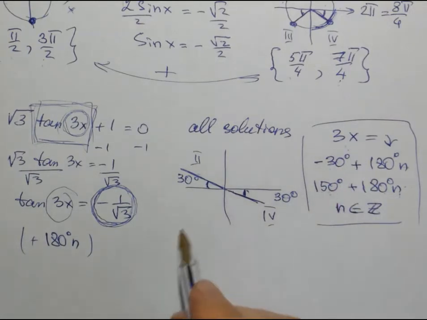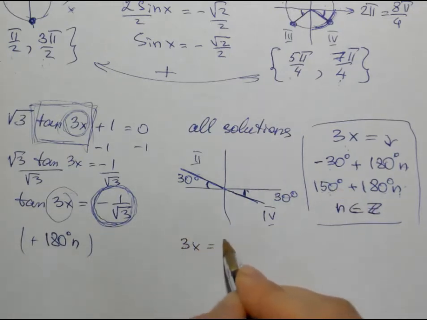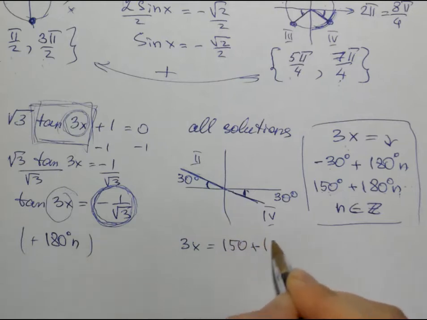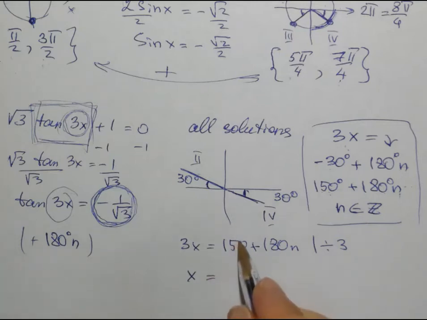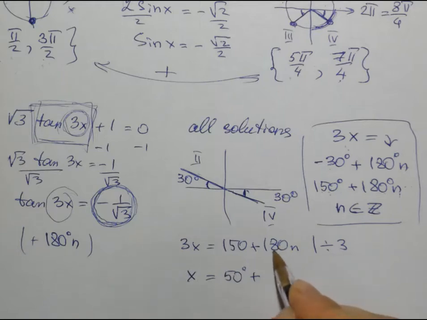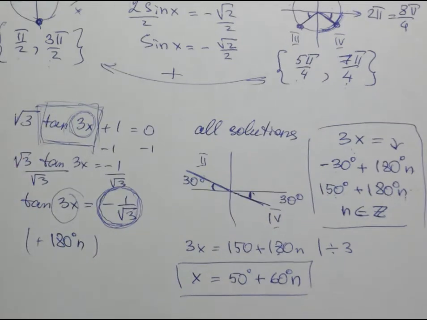So let us consider this option with positive. 3x equals 150 plus 180 times n, and we divide this equation by 3. We get x on the left and 150 over 3, 50, plus 180 over 3, 60 degrees times n. So this equation gives all solutions of the equation with tangent of 3x.